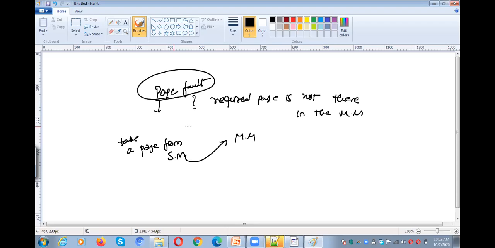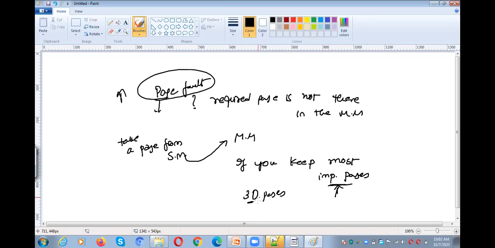So in the case of thrashing, the page fault ratio is more. How can you avoid this situation? If you keep the most important pages in the main memory, important pages here means the pages we require all the time for execution. For example, in our example, the process has 30 pages.